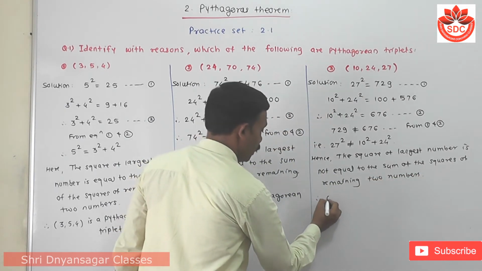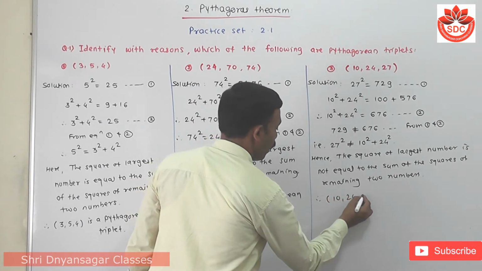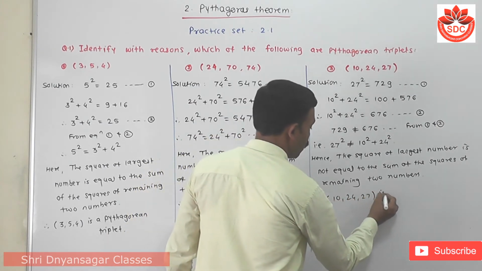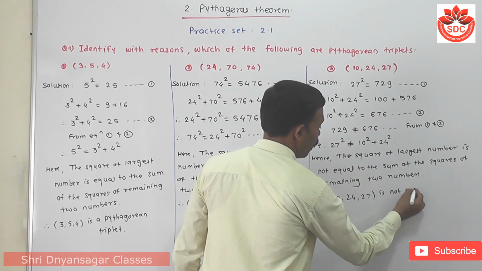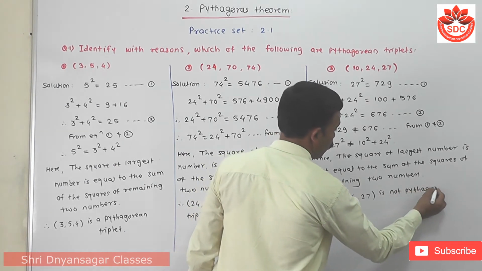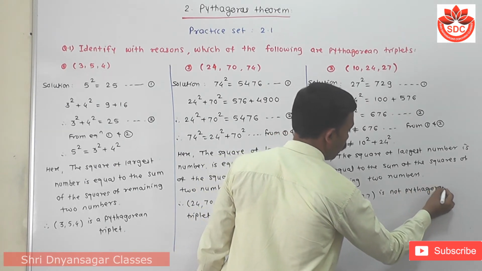Therefore, these numbers, that is 10, 24 and 27, are not a Pythagorean triplet.